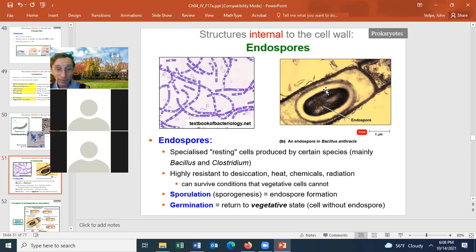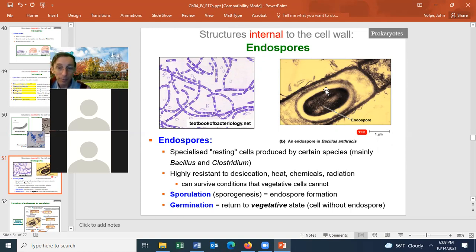They're also resistant to desiccation, heat, chemicals, radiation. Endospores can survive conditions where the vegetative cell cannot. Endospores are very difficult to kill. You can kill them, but they're not easily killed. And the cell is just waiting around until the environment becomes favorable.